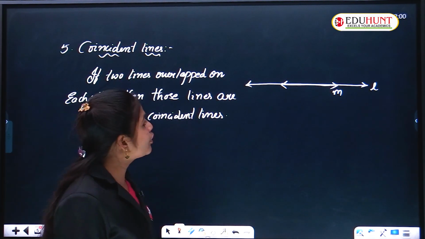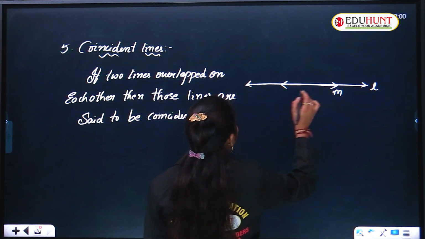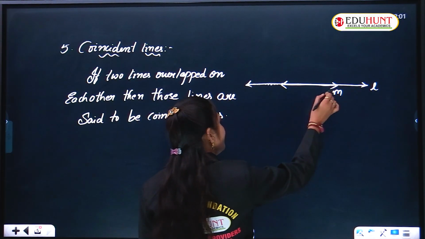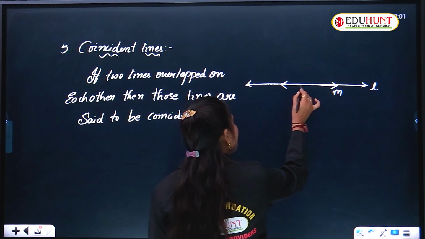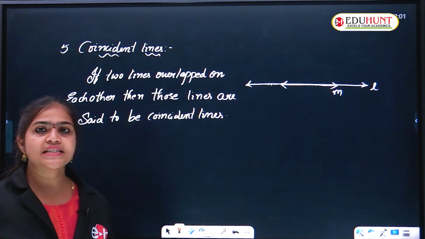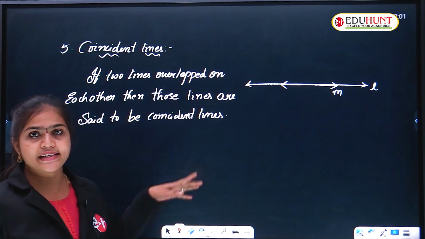Now how many common points are there here? Just observe that this is a straight line. On this straight line we can observe infinitely many points. And M is also a straight line, also having infinitely many points. Then how many common points are there? There are infinitely many common points.